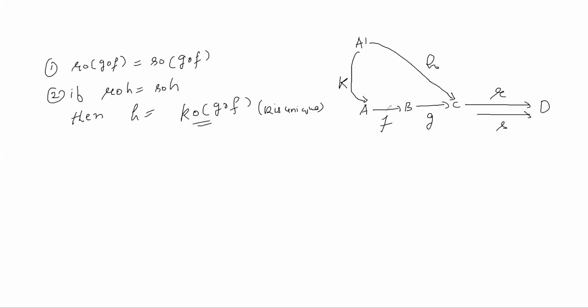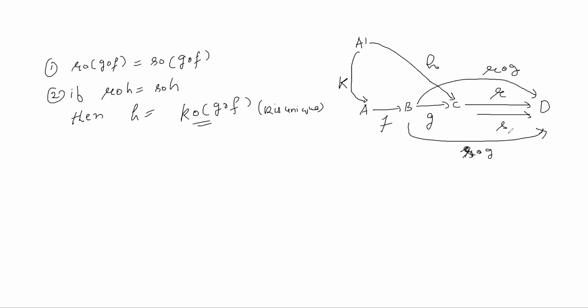F is from A to B, so I will take this pair of morphisms: the first one is R composition G, and this is S composition G.